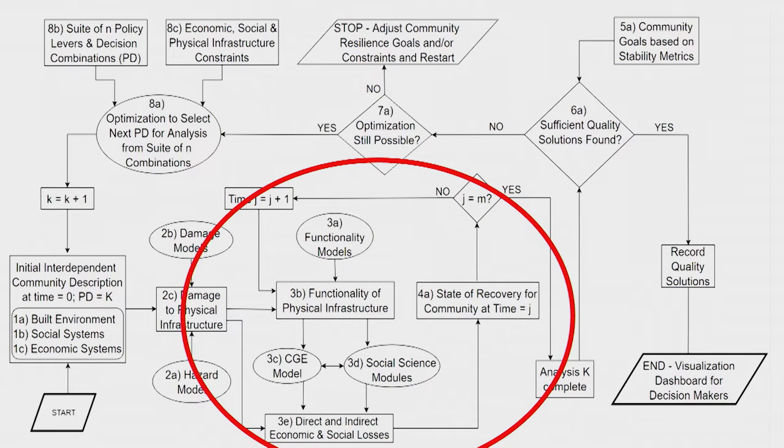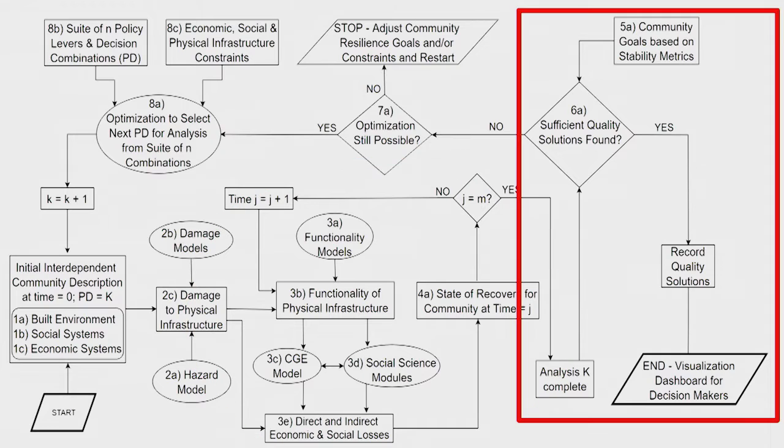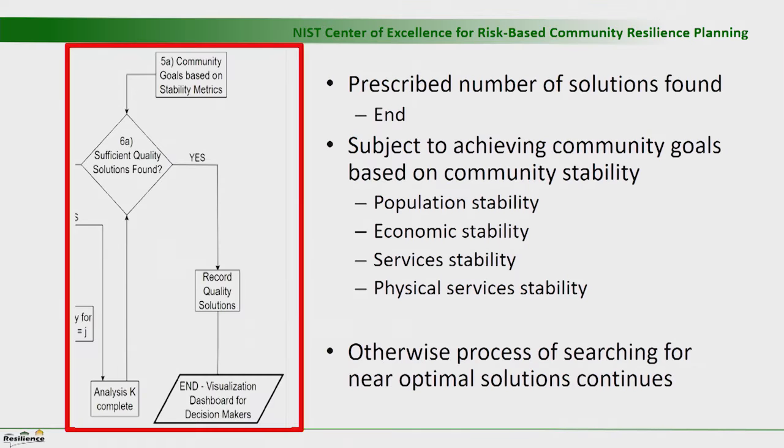And so we're then updating the functionality, as the physical infrastructure, as the socioeconomic institutions, the social institutions are coming back online, and this is all interacting. The key then at that point is, once we have essentially a solution, how long it took to come back, and I'll explain how we measure that here.